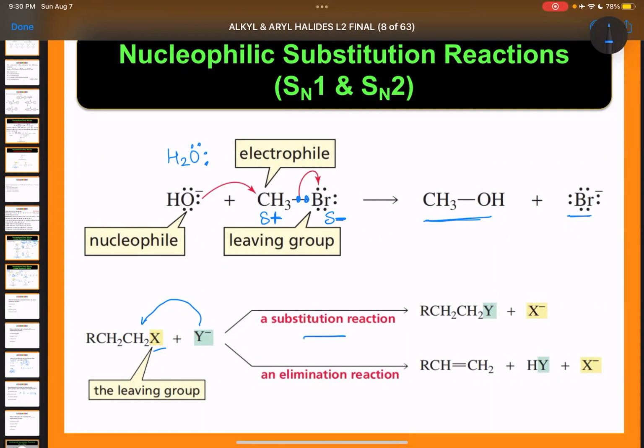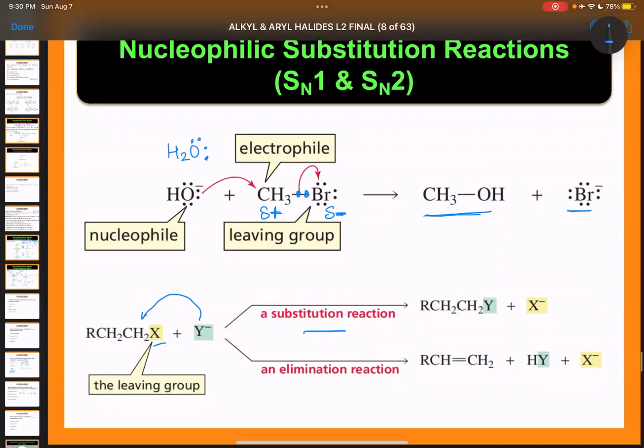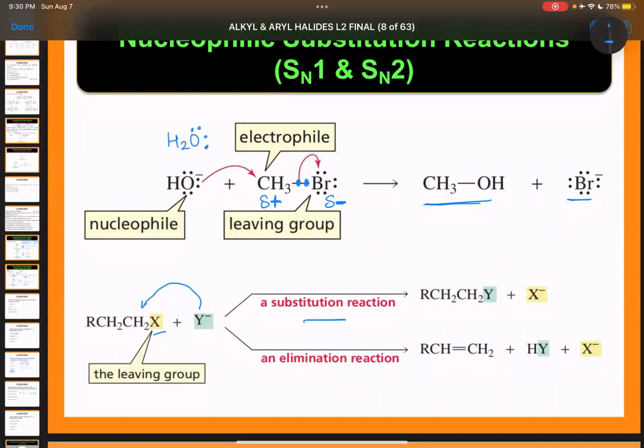Are they going to remain as they are? Are they going to stay in the air without being connected to any other group? Elimination means two groups are removed and no other group comes and joins in their place. Because two groups are removed, two valencies became free, and those two valencies will join among themselves, and that's how there is a double bond formation.